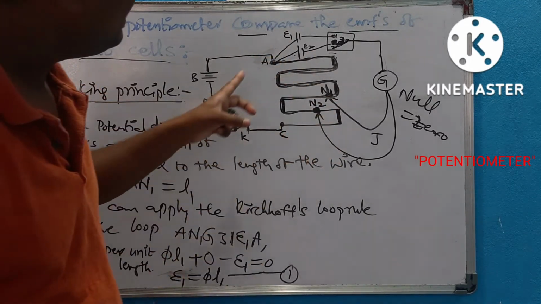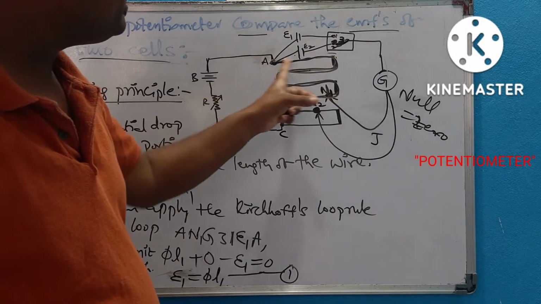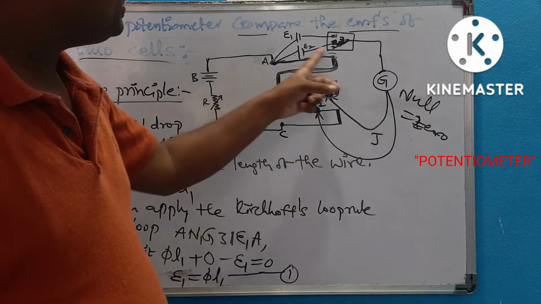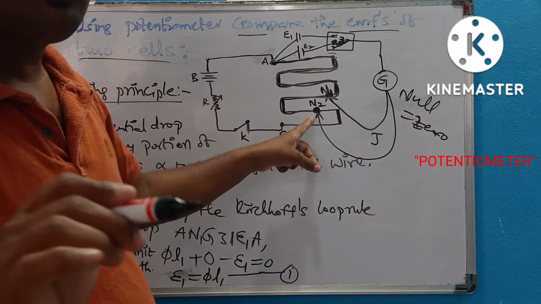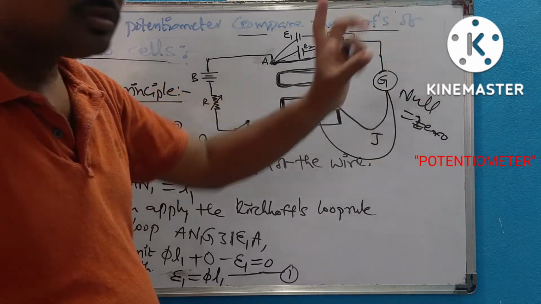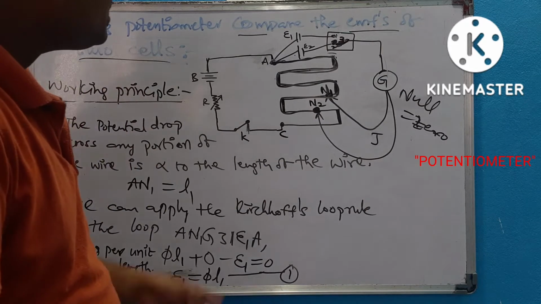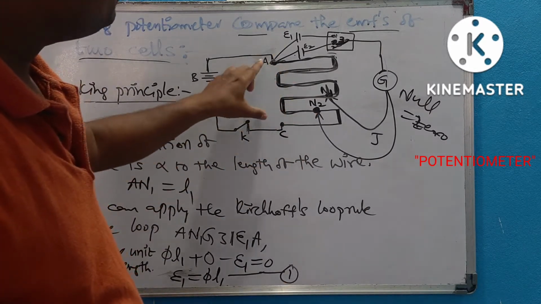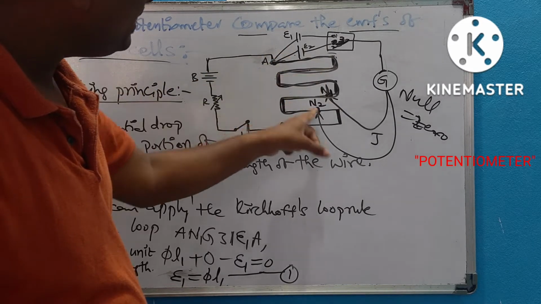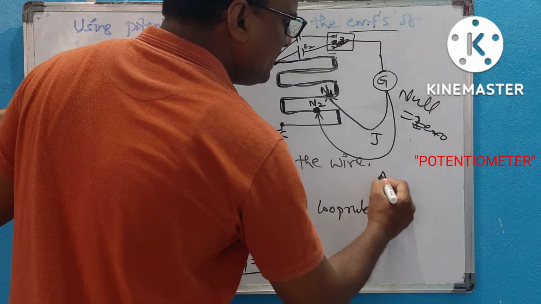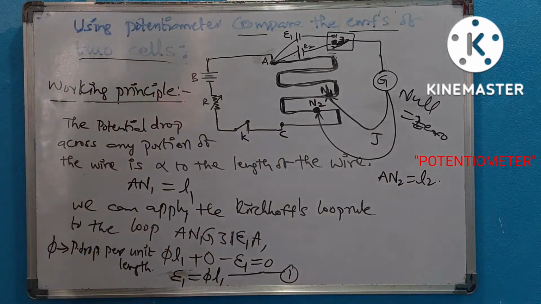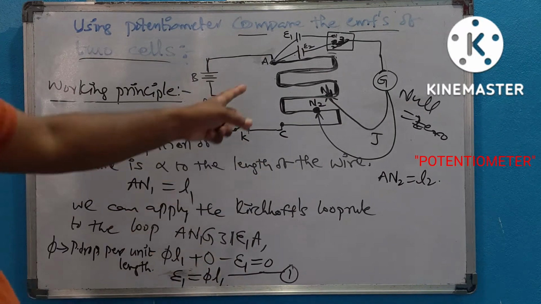For the second cell, as we slide the jockey away from point A, at some point, which we call N2, the galvanometer shows null deflection. So now the circuit is balanced. The length of the wire from A to N2, AN2, is considered as L2 for the second cell.